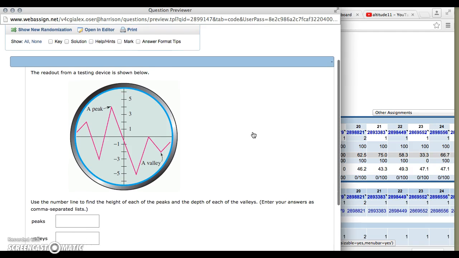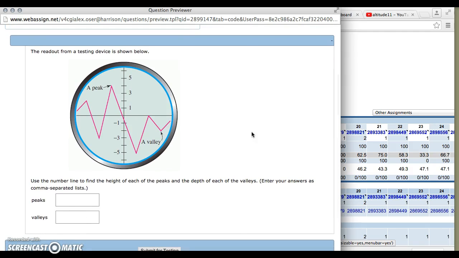It says a readout from a testing device is shown below. So here's our testing device. Here's some data that was gathered, this graph, this red line. It says use the number line to find the height of each of the peaks and the depth of each of the valleys. Enter your answer as comma-separated lists.